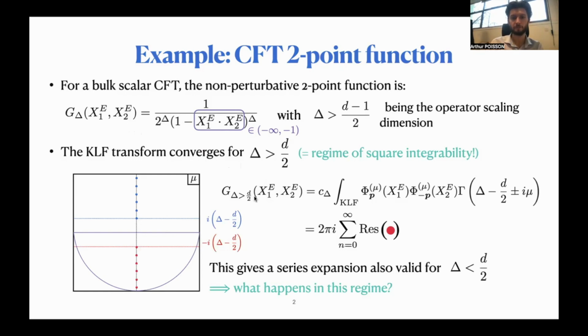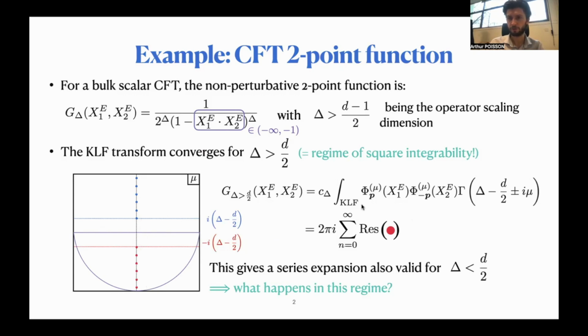So in that case, the two-point function is given by this integral, where this gamma function can be found by performing the KLF transform. And then, because we know the analytic structure of this, it is analytic in this strip, and it has the blue poles in the upper half plane and the red poles in the lower half plane.